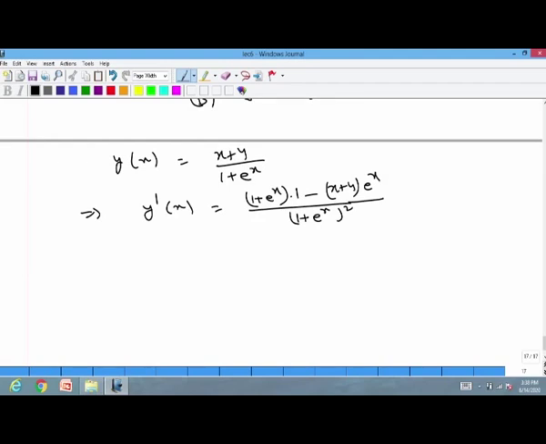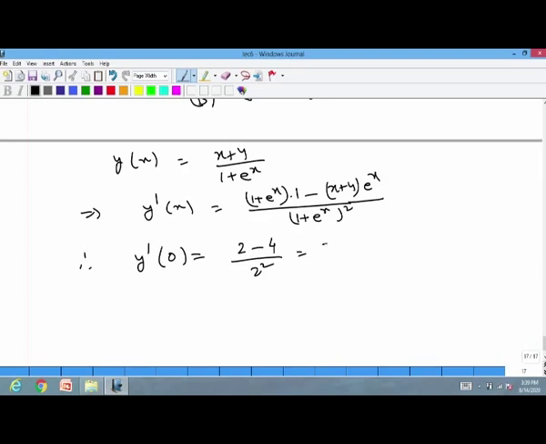So, y prime x is given by this expression. Is this equal to 0 at any point in the interval minus 1 to 0 or not? So, let us calculate what is y prime at 0. If I put x equal to 0, then 1 plus e to the 0 is 2. So, this is 2 minus 4 times e to the 0, which is 1, divided by 2 square.